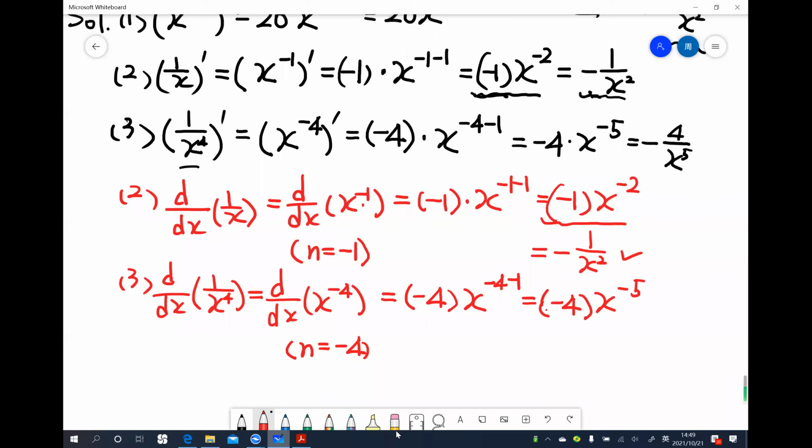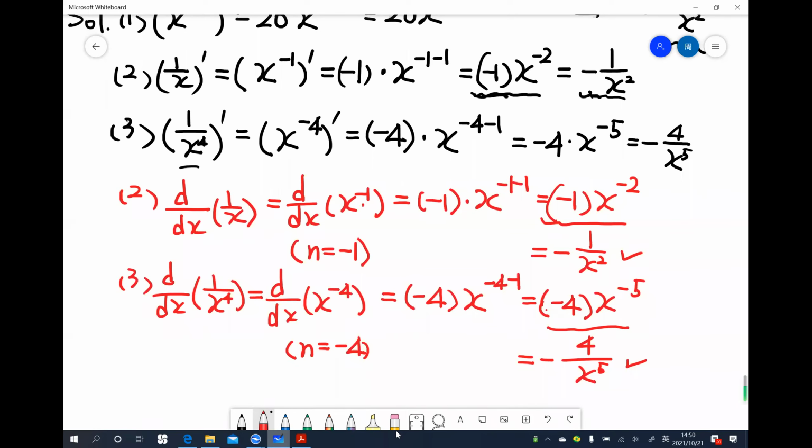We often write this expression as minus 4 divided by x power 5. These two expressions are equivalent, but we usually write it like this. So this is the result. Can you understand? Yes.